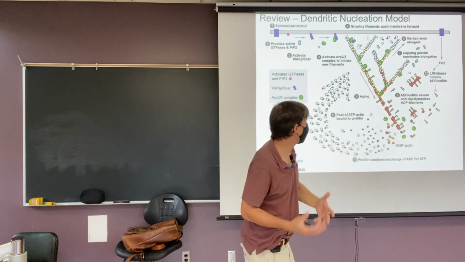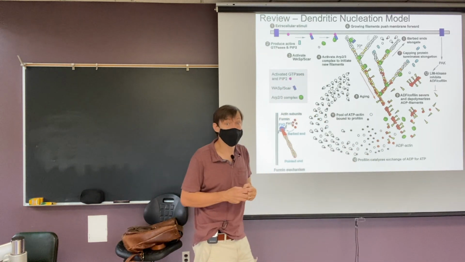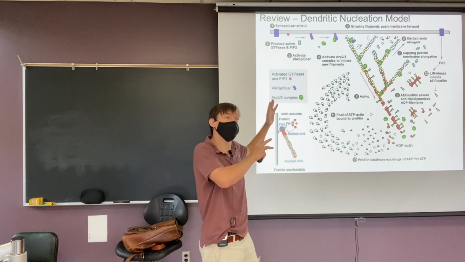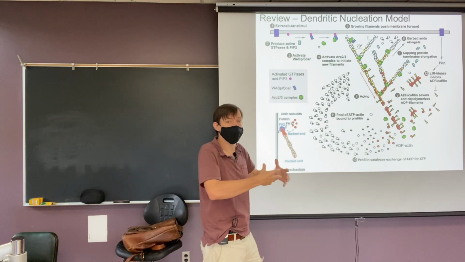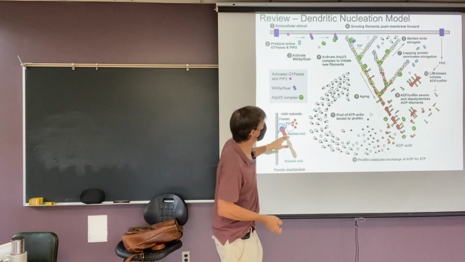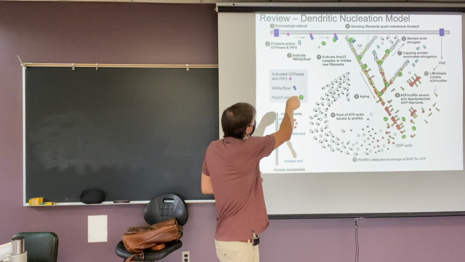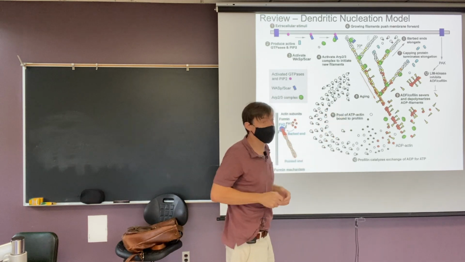In the last class, we introduced this dendritic nucleation model, and this starts to put the biochemistry that we initially discussed into the context of a whole cell. Once again, we're looking at the lamellipodial region of the cell. We have the plasma membrane here up at the top.